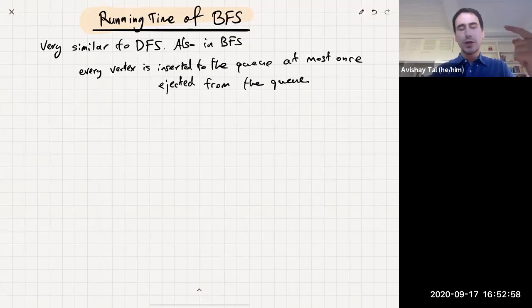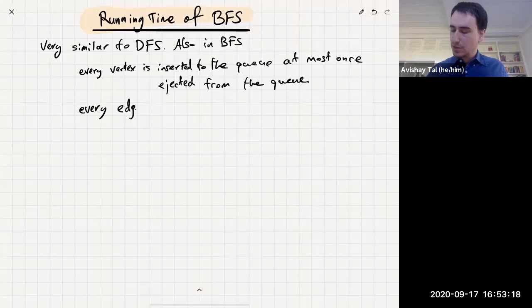Why? Because once we put him in the queue, we set the distance of this vertex, and the only way that we can insert a vertex to the queue is if the distance was infinity. So we can never insert a vertex more than once, and every edge is considered, you know, how many times? Well, it depends. If the graph is directed, then at most once.